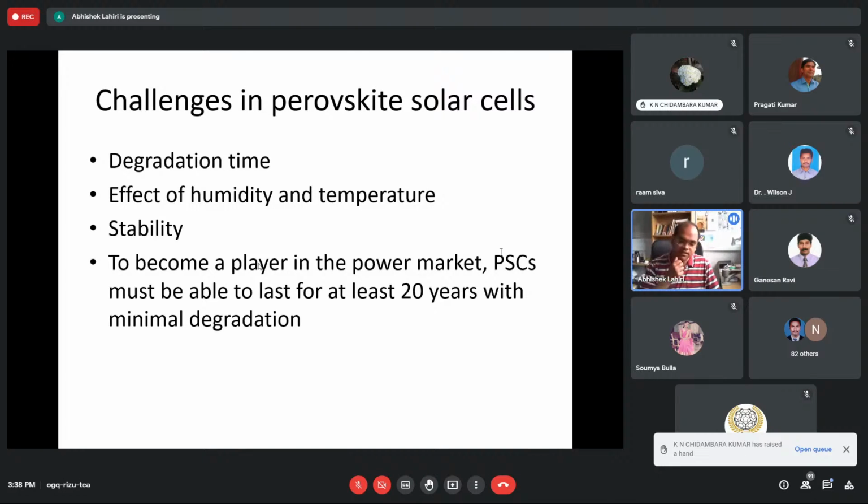So these are some of the challenges. At present, perovskite solar cells degrade pretty quickly, because if you want high efficiency, you have to go towards an organic-inorganic material based perovskite structure. So these are some of the challenges.